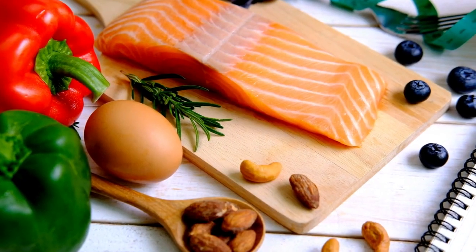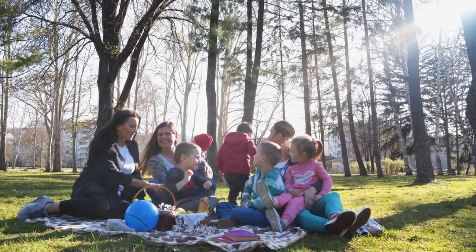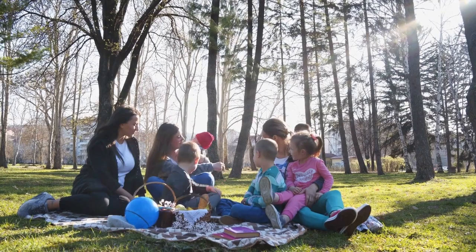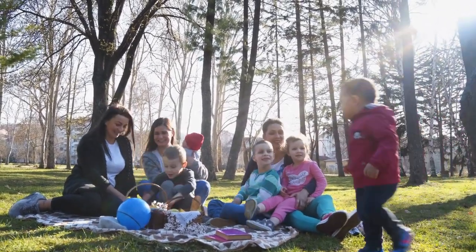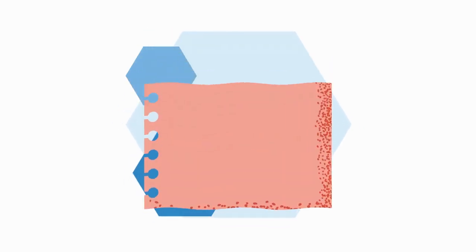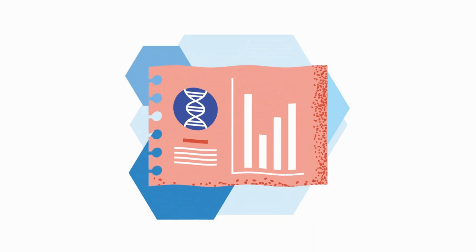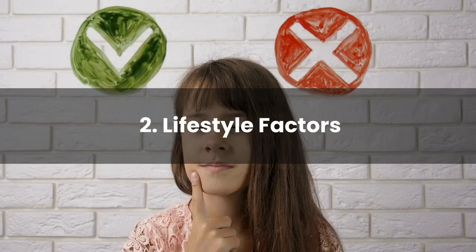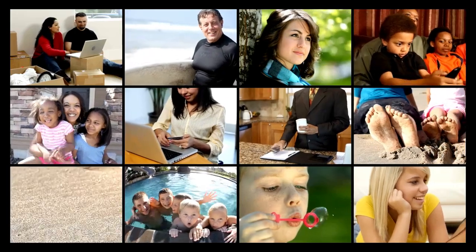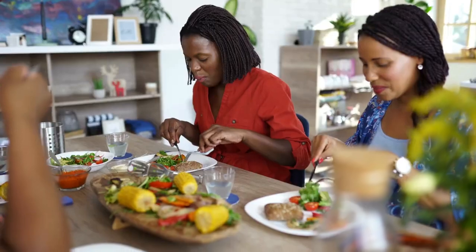Environmental factors, such as diet, physical activity, and lifestyle choices, also play crucial roles in determining whether these genetic predispositions manifest as diabetes. Understanding both genetic and environmental influences is essential for effective prevention and management strategies for type 2 diabetes.